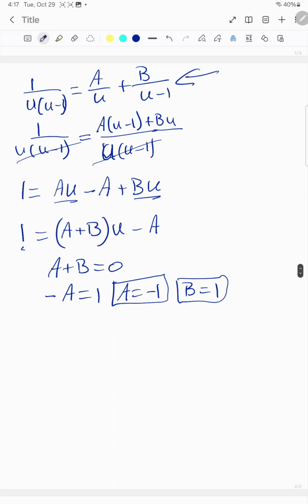So my integral becomes the integral of, instead of a, minus 1 divided by u du, plus the integral, and instead of b, plus 1 divided by u minus 1 du. So that's easy to solve. The minus can go outside the integral.